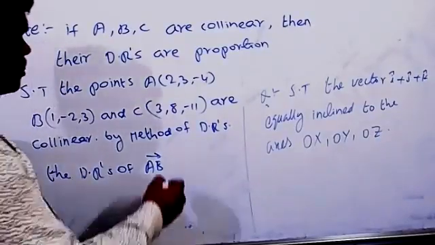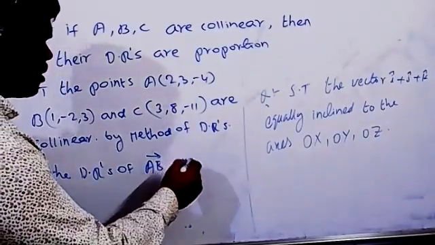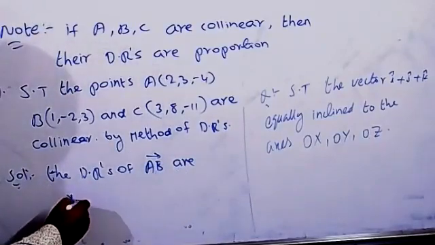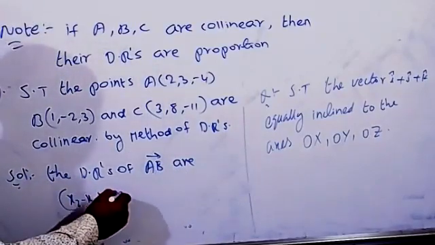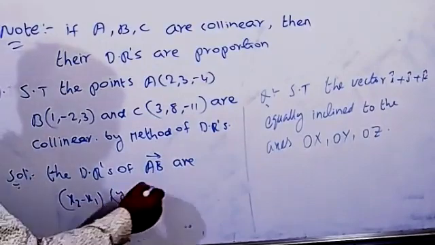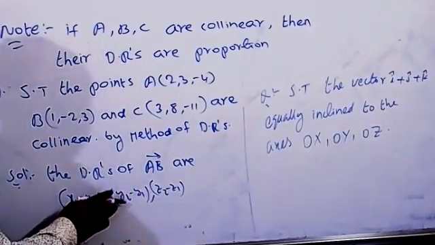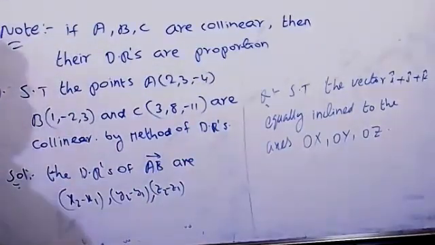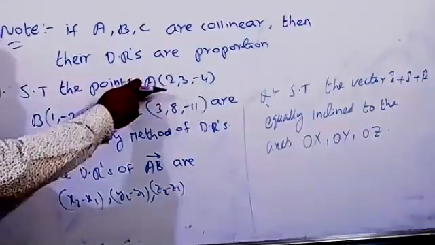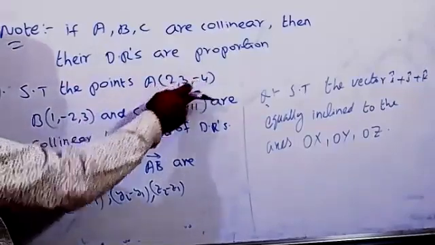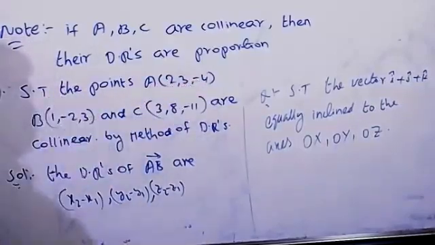What is the formula we have? x2 minus x1, y2 minus y1, and z2 minus z1. We know that very well. Now take the points A and B as x1, y1, z1 and x2, y2, z2.